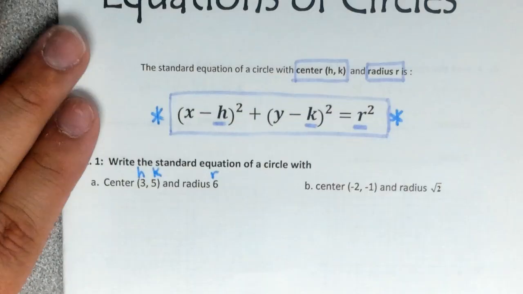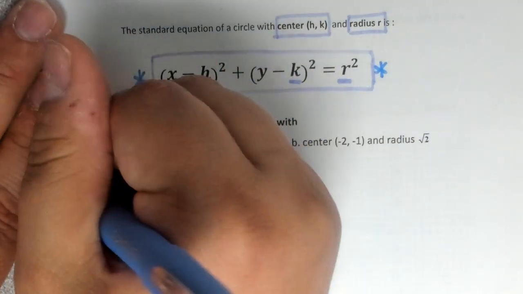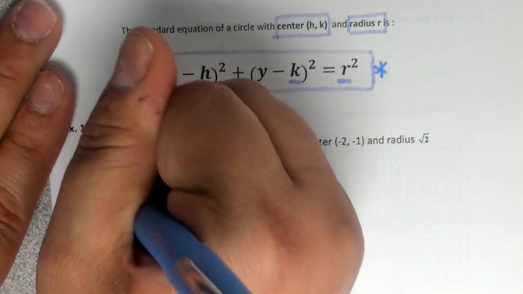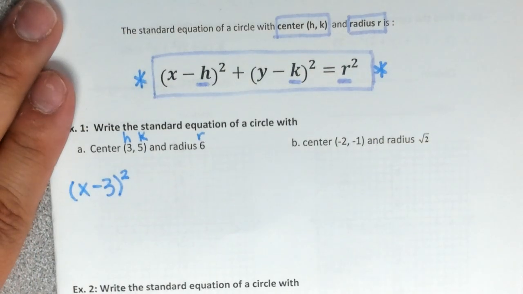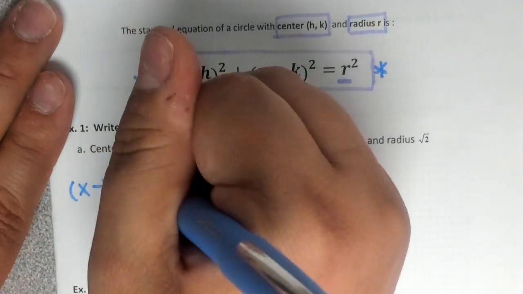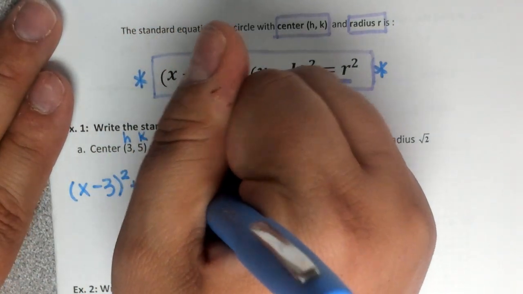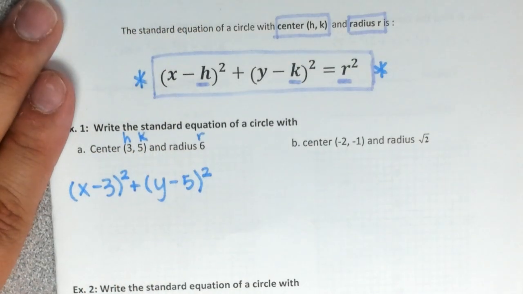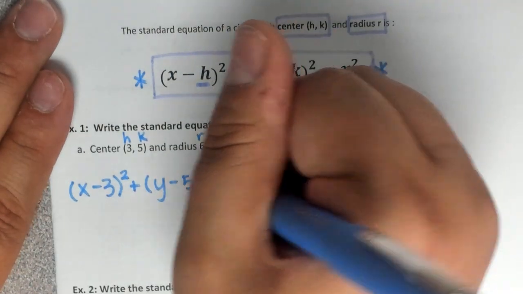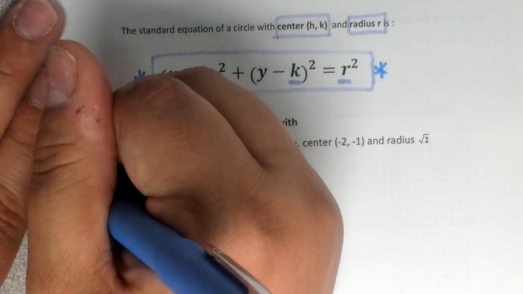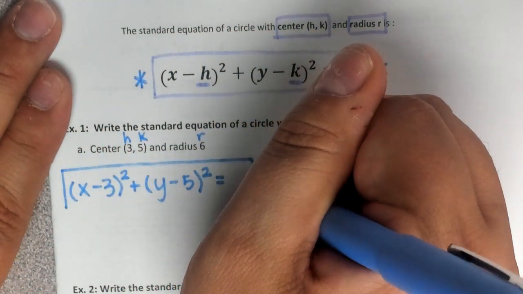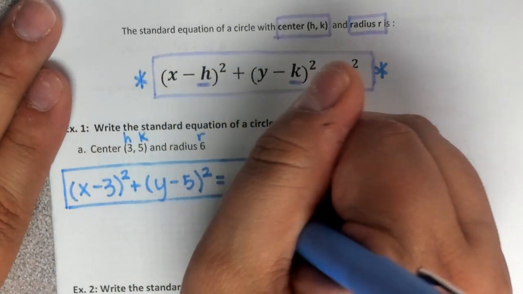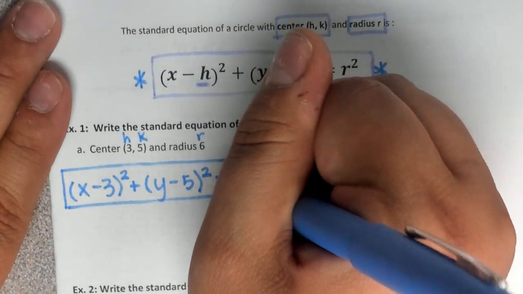So what's my formula going to be? X minus 3 squared plus y minus 5 squared equals, and I don't want you to write 6 squared, I want you to write what 6 squared is. So it equals 36.